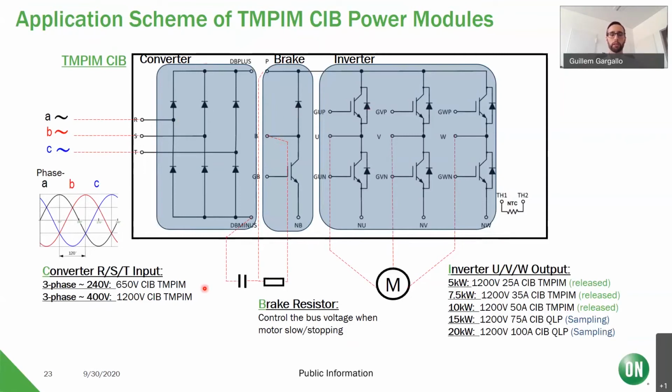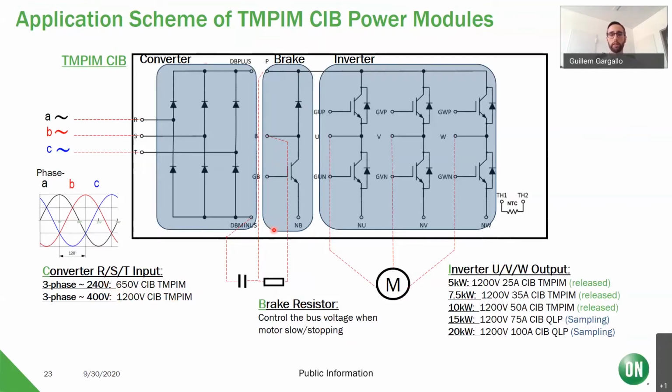We are launching both 650 volt CIBs and 1200 volt CIB transfer molded PIMs for different output voltages. And the brake is an option, so we also have CI modules, as well as the full 6 packs, which will come later on.